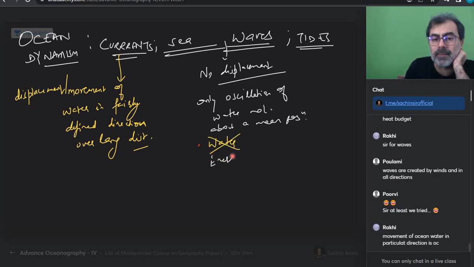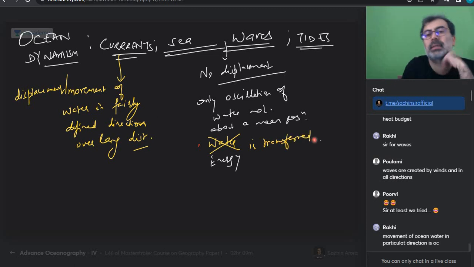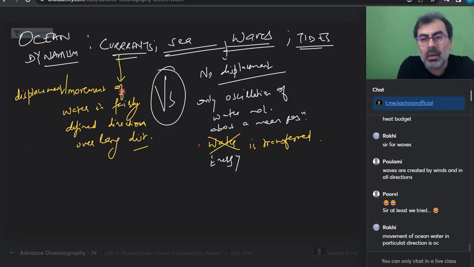Energy is transferred. This is a very movement of energy. Long distances versus same place, oscillation. That's the difference. One is driven by heat, the other by this, one is driven by gravity. If we don't know this, that's a big challenge.